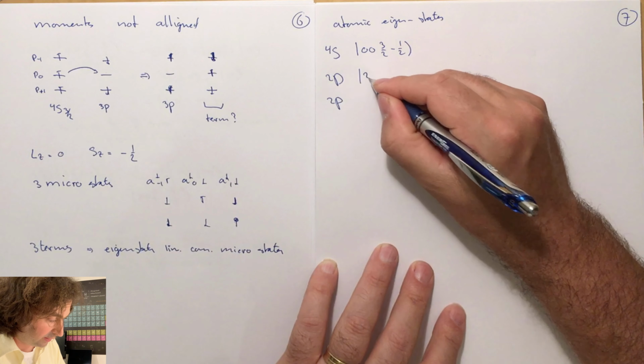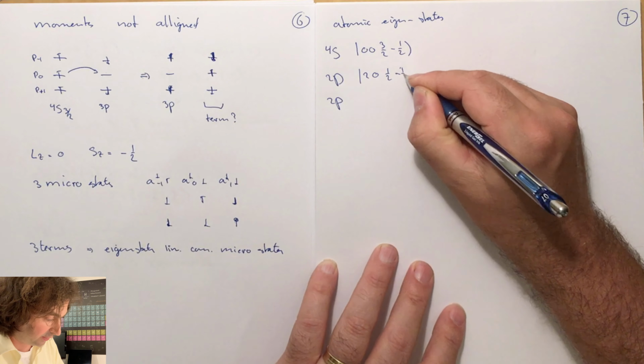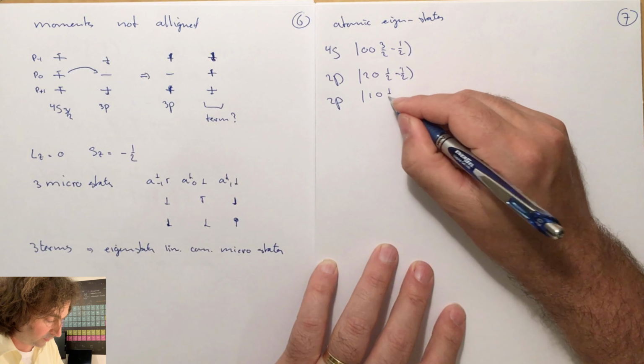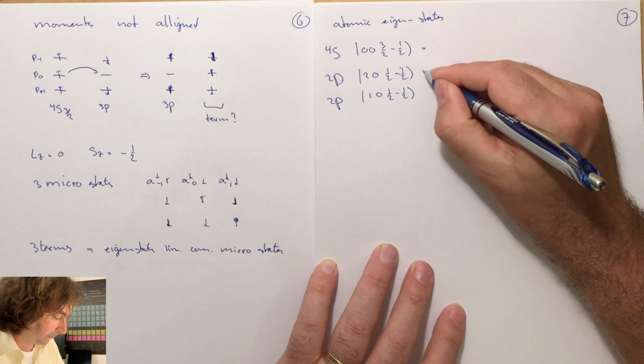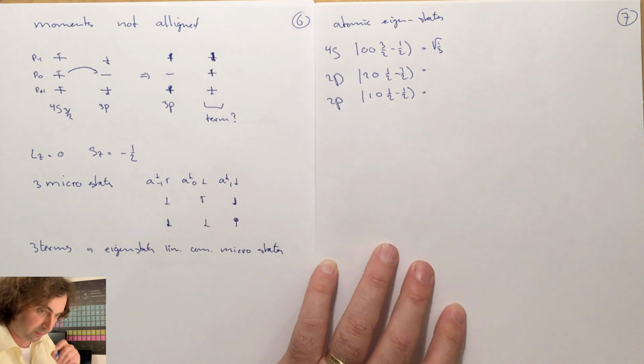We have the L is 1, Lz is 0, a half, minus a half, and the 1, 0, a half, minus a half microstates. And we are of course interested in the complete wave function.